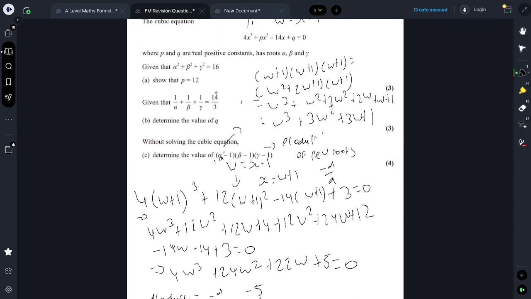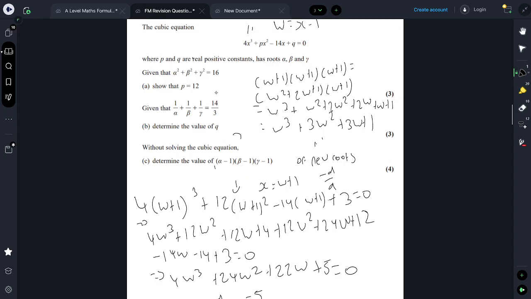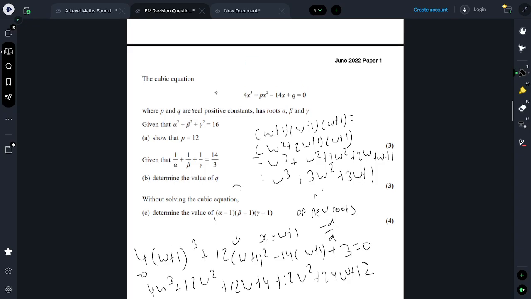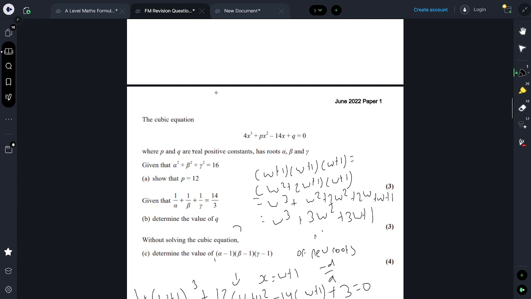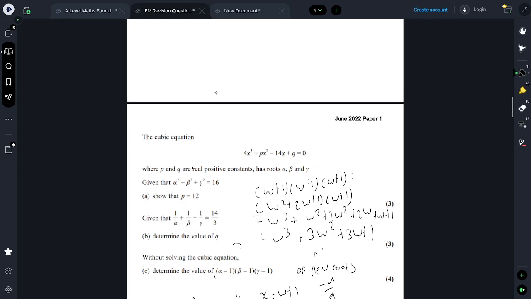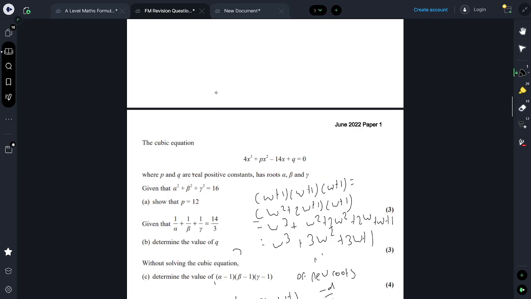Okay, let me get rid of this so you can see clearly. By the way, to note, if you pause the stream, you can attempt the question with the paper, and you can see the mark scheme as well. That's why I labelled where the question came from.